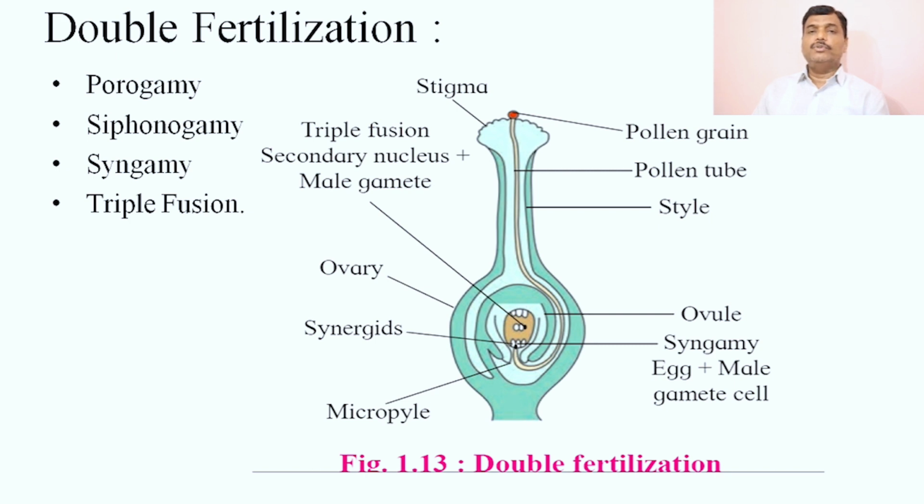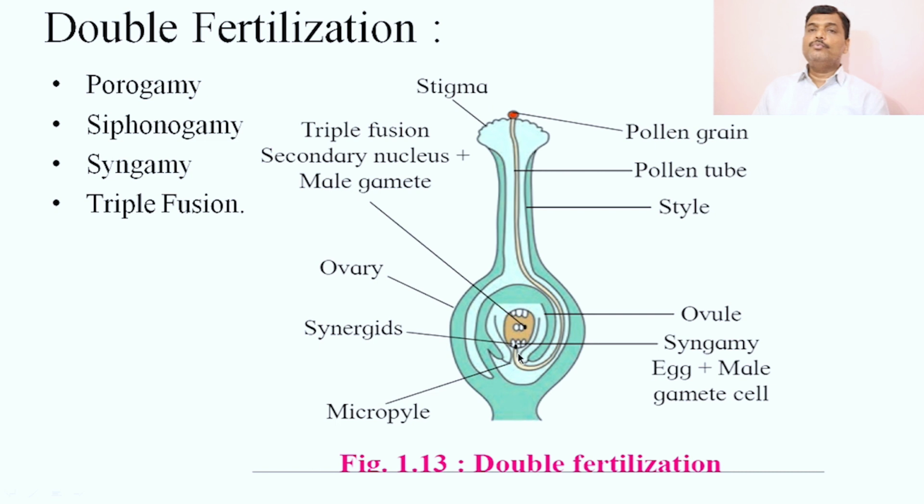They cannot move themselves from one place to another. The pollen grains deposited onto the stigma are the ones in which the male gametes are produced. So from that pollen grain, the male gametes have to reach the female gamete. That process is carried out with the help of the pollen tube. Therefore, this process is known as siphonogamy.